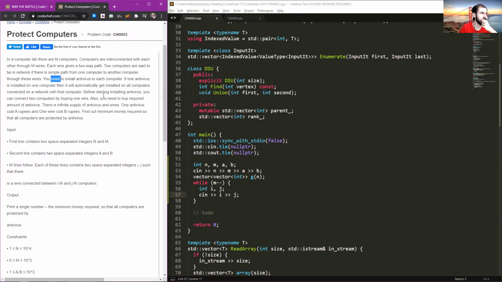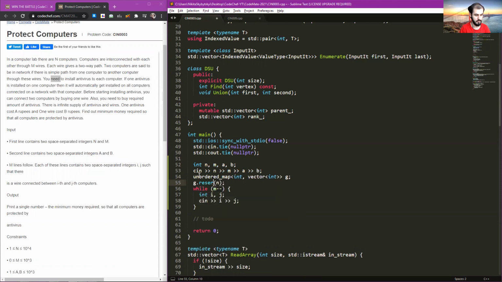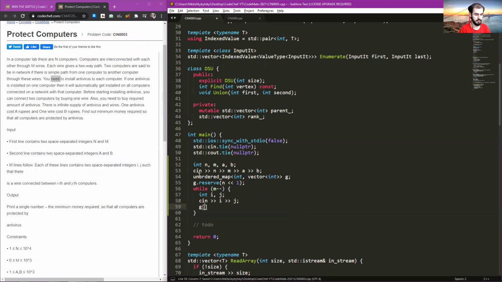Am I supposed to make an ordered map? Okay. It's okay. Just in case. Bidirectional, one directional.